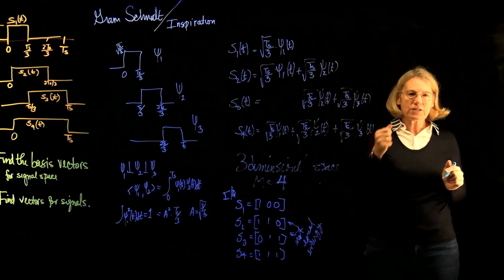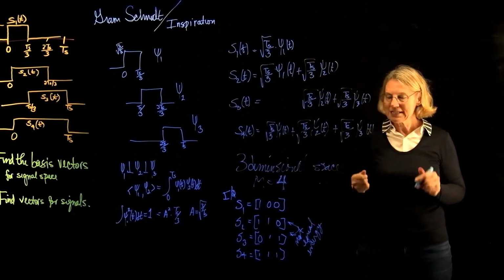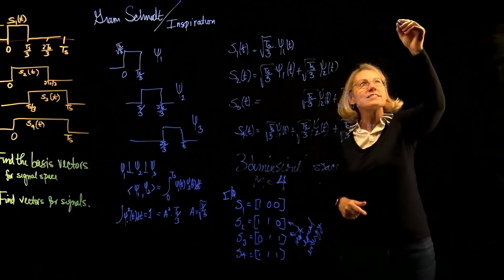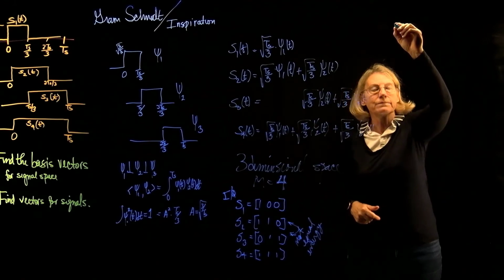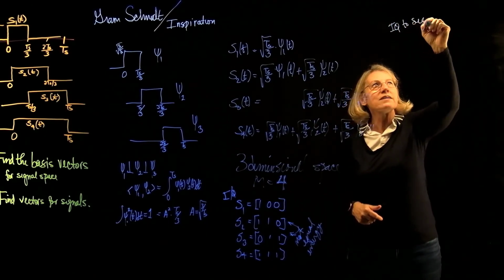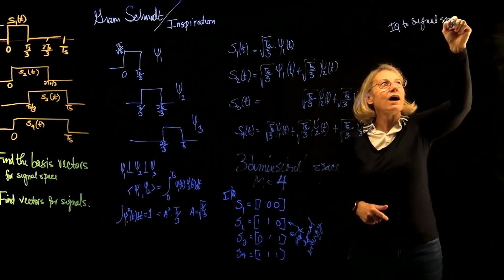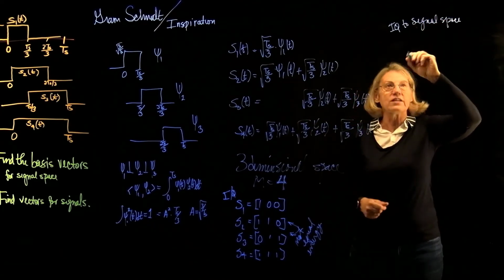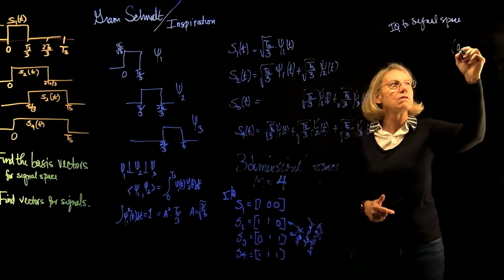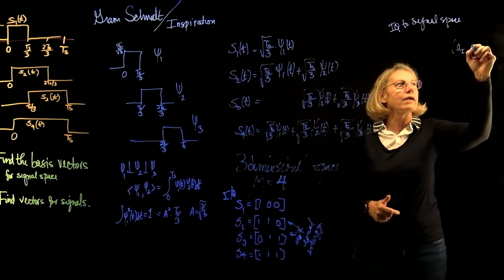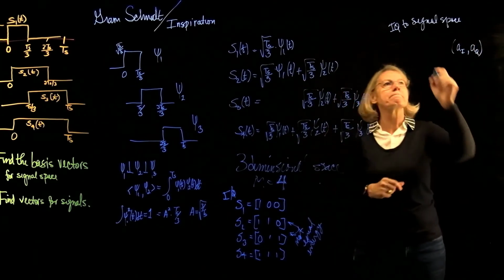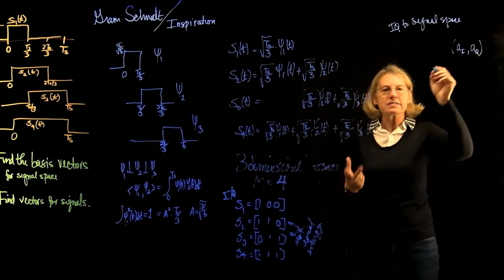And now if I want to make the correct normalization, how do I do that? Well, I have an equation to go from IQ to signal space. The equation says to take the old coordinates, A_I, A_Q. In this case we're going to have 3 coordinates, but same equation. And I have to multiply by a scaling factor.